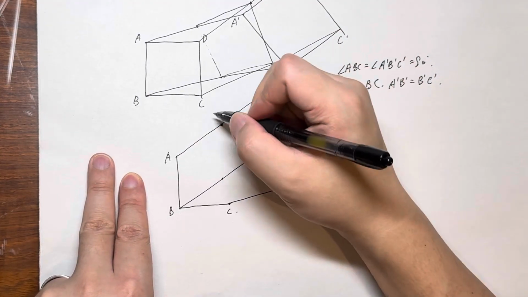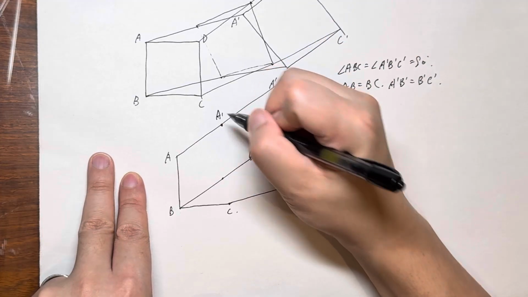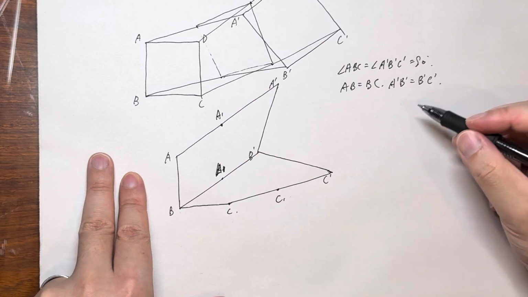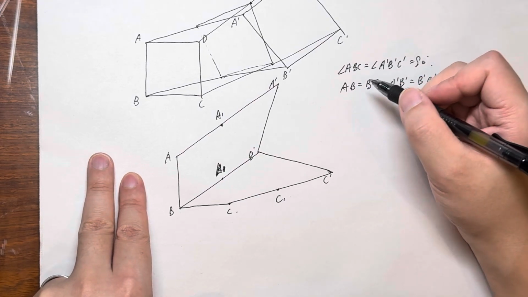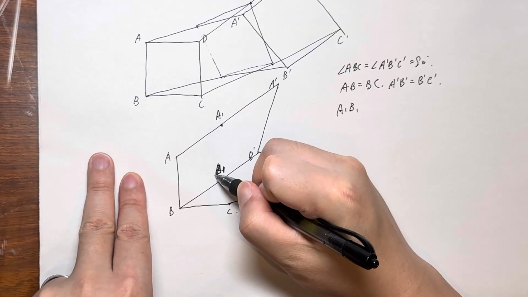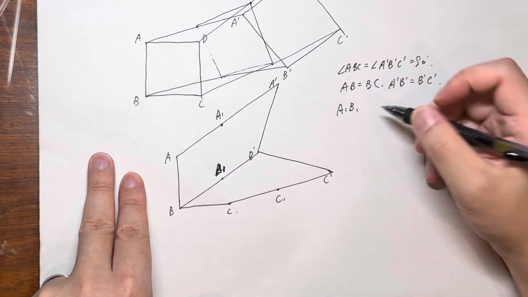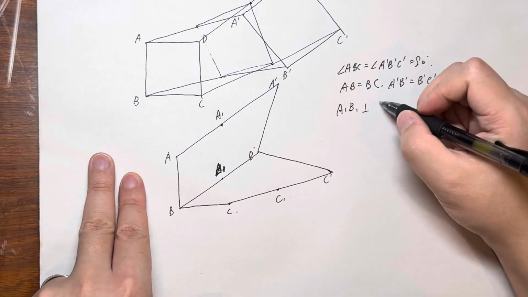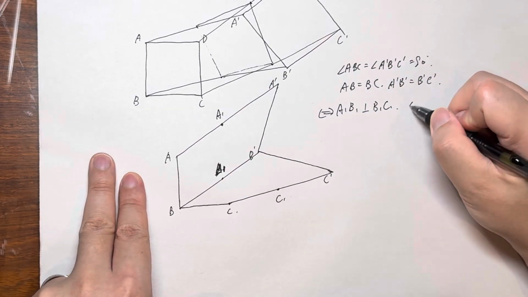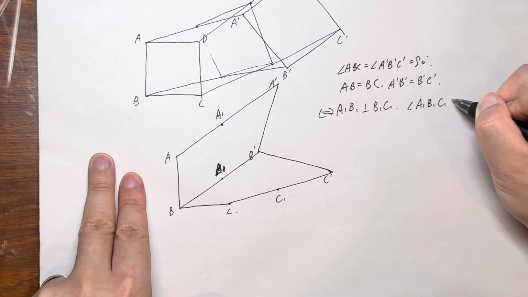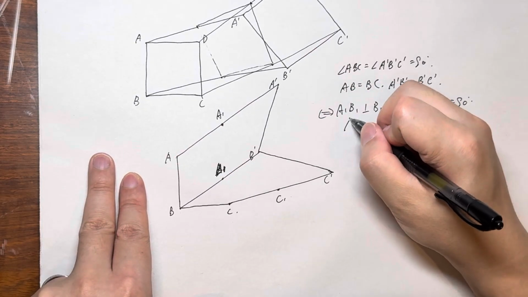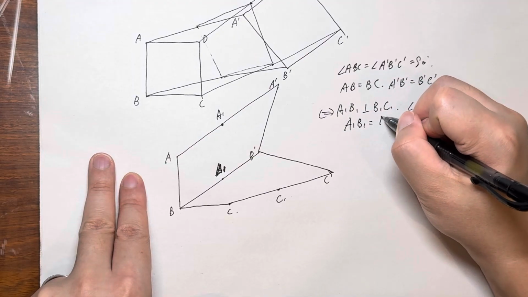Let's call these midpoints A1, B1, and C1. The question is whether we can prove A1B1 is perpendicular to B1C1, or angle A1B1C1 equals 90 degrees, right? That's a question. And also whether we can prove A1B1 equals B1C1.